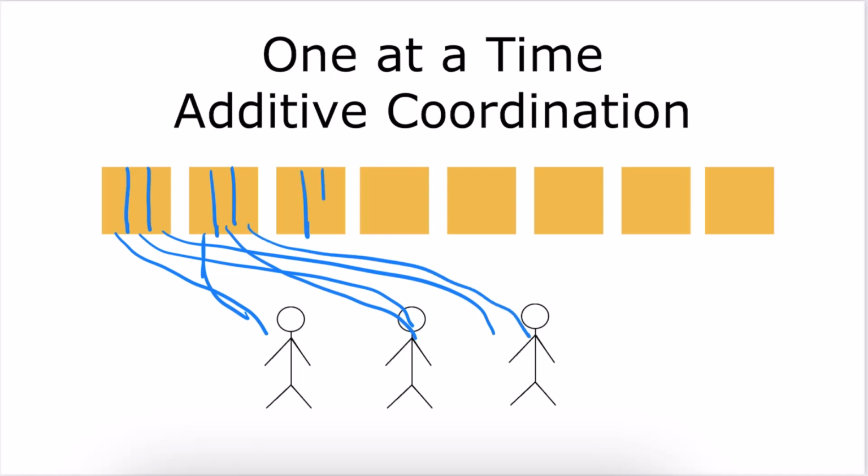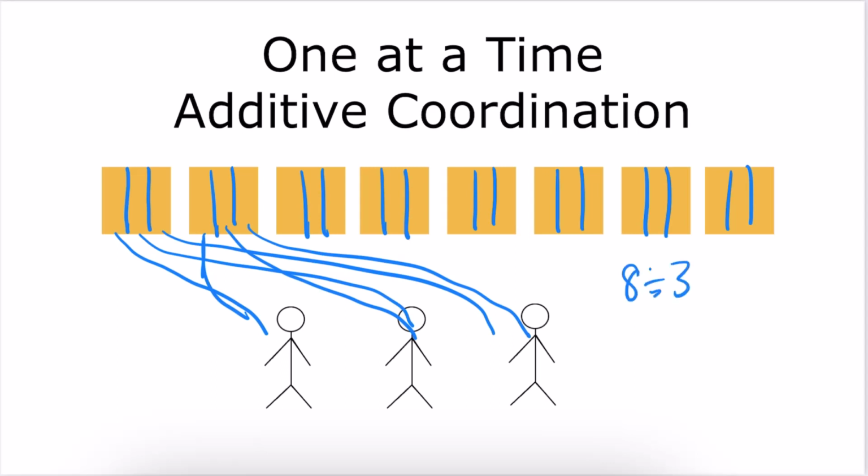And then this piece of bread can get split up into three pieces. This one will get split up into three pieces, and so on and so forth. And they'll figure out the answer to 8 divided by 3 as being one third plus one third plus one third plus one third, 8 times.